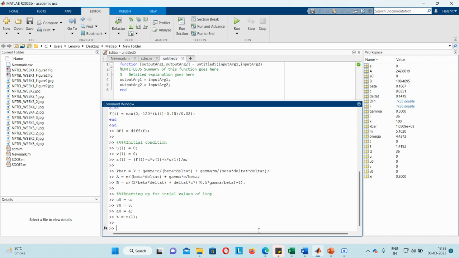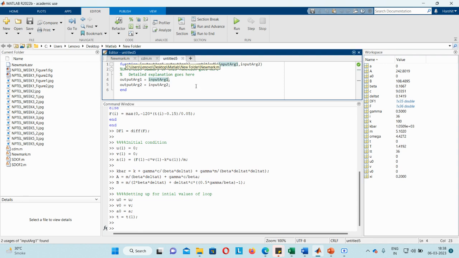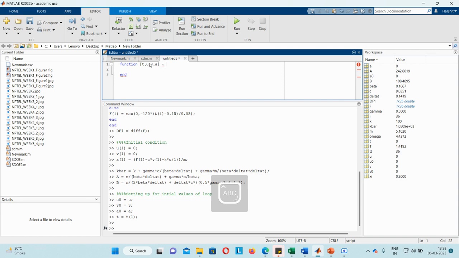So now we need to first define the Newmark's function. I originally defined it before also, but I will define it again for your understanding. So this is the function and we will define the function here. The function output: we need the output of time, displacement, velocity and acceleration from the function. Let's name the function as Newmark.